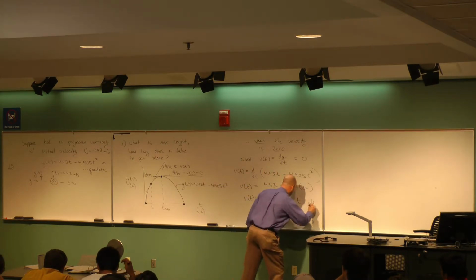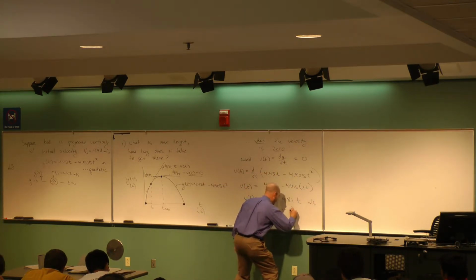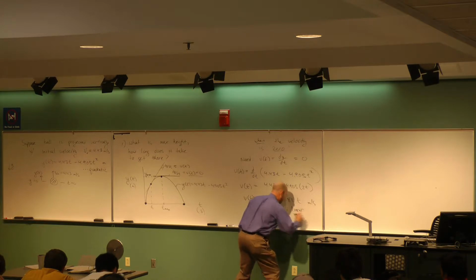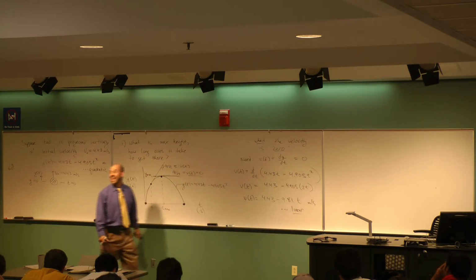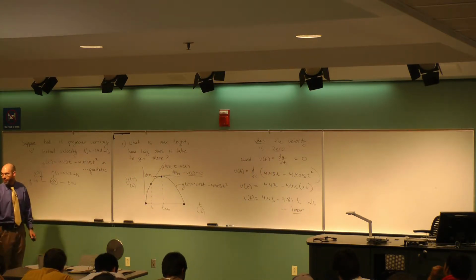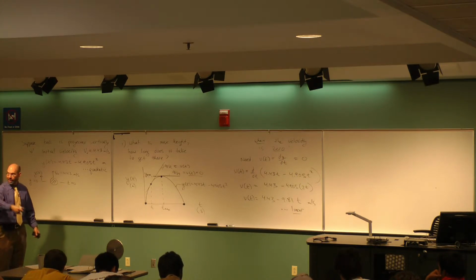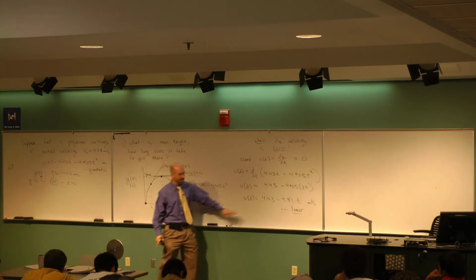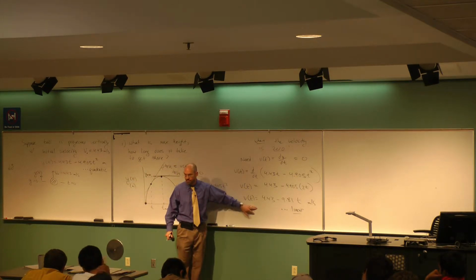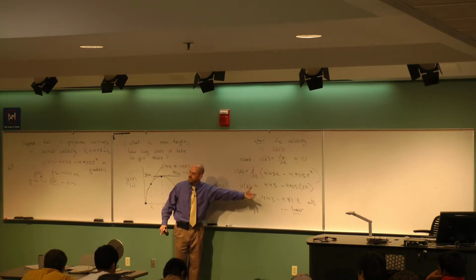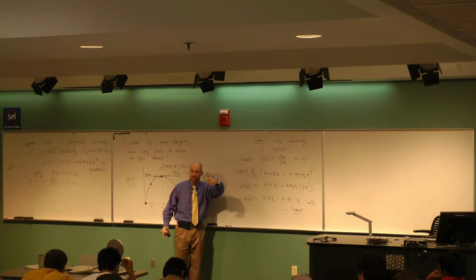I end up with a linear function. So this guy now is linear. Incidentally, if I take a derivative again, what kind of function will I have? A constant, a horizontal line. A derivative again will give me what physical quantity? This is velocity. I take the derivative again, I'll get acceleration.